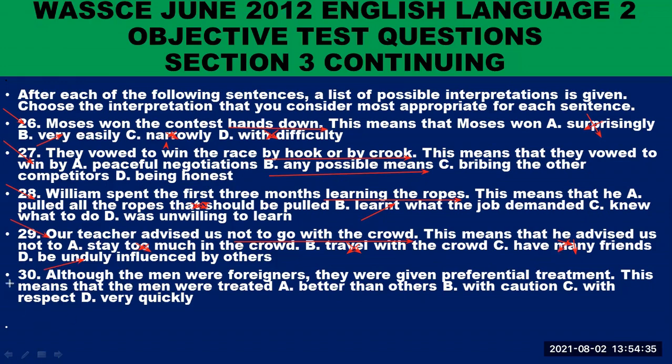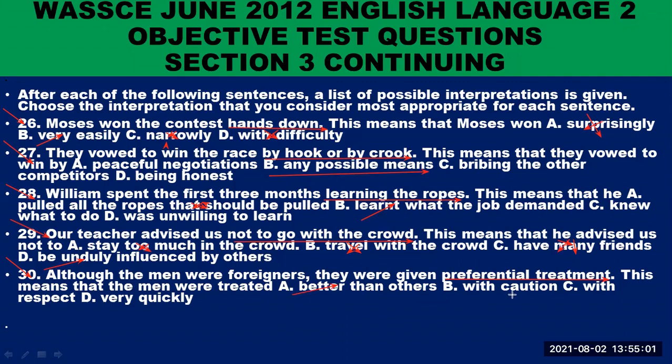Question 30. Although the men were foreigners, they were given preferential treatment. This means that the men were treated A, better than others, B, with caution, C, with respect, D, very quickly. The obvious interpretation is A, they were treated better than others.